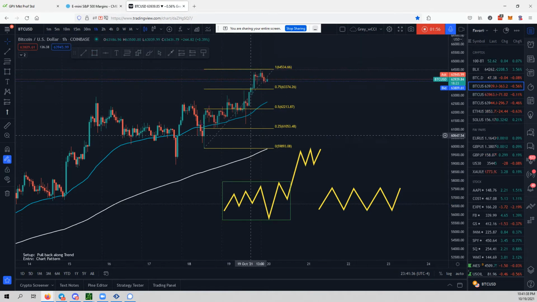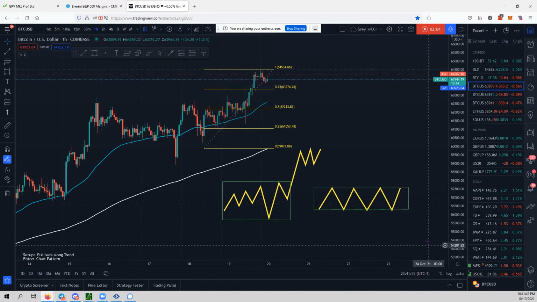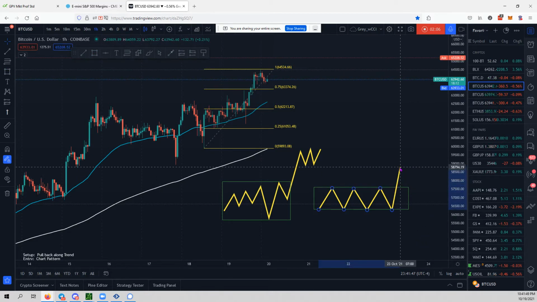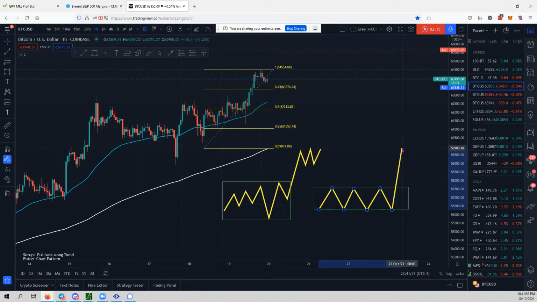In fact, we could even do this, like this. And on this, let's say price breaks up to the upside. Let me see if I can drag this.